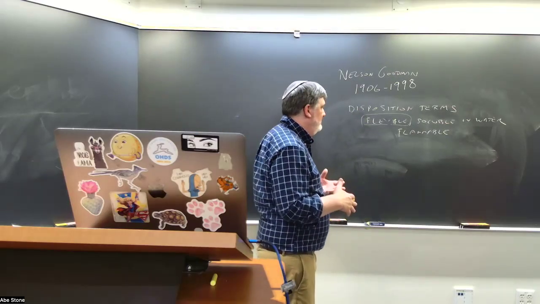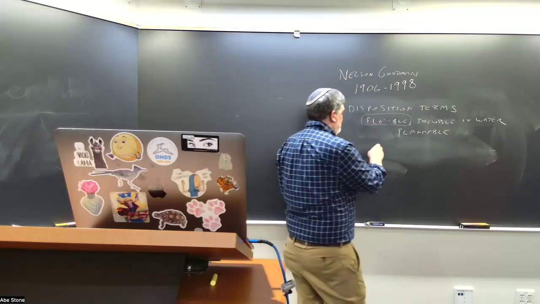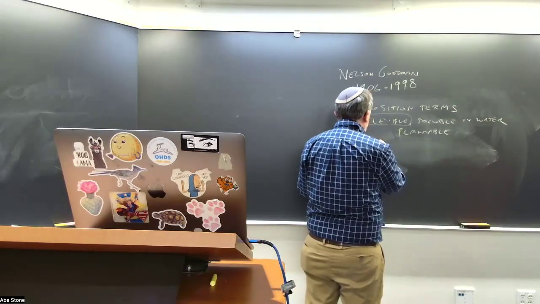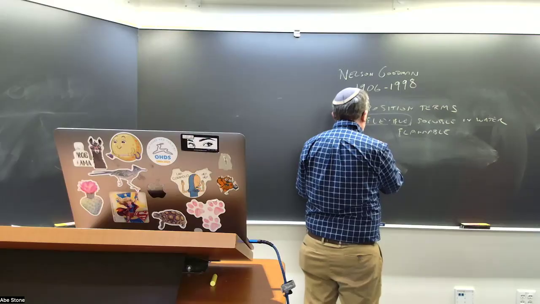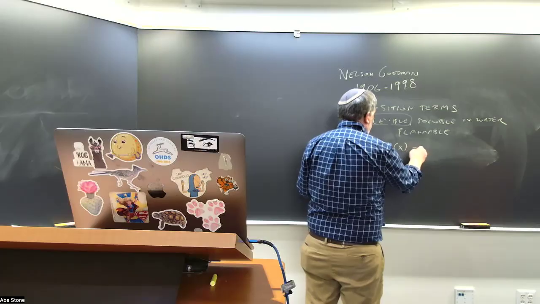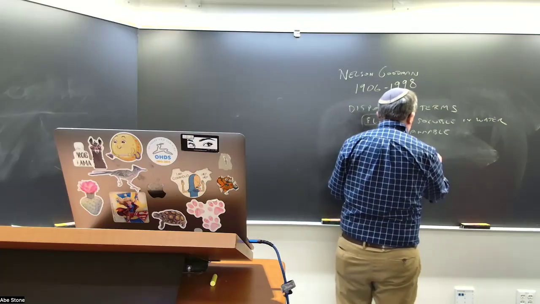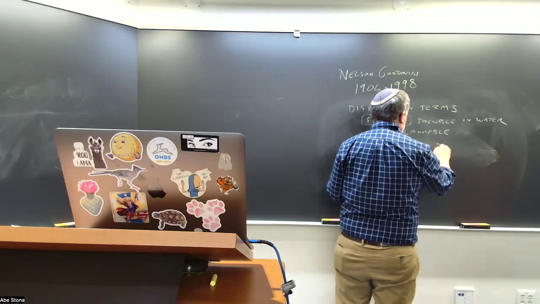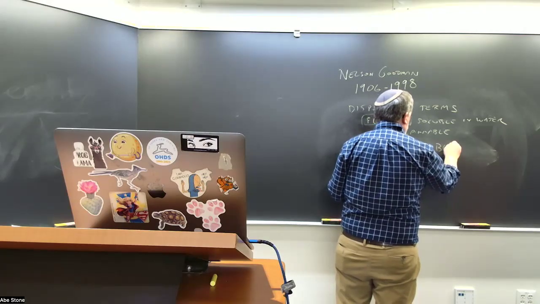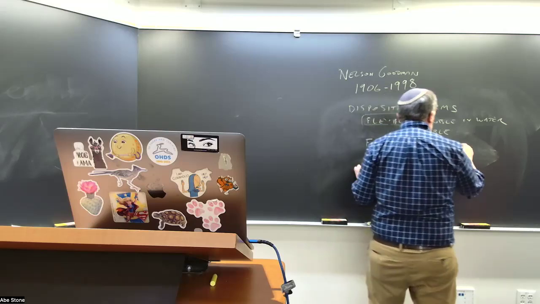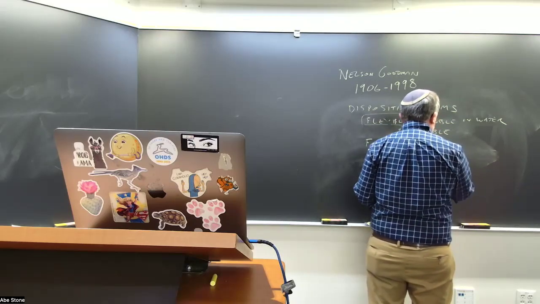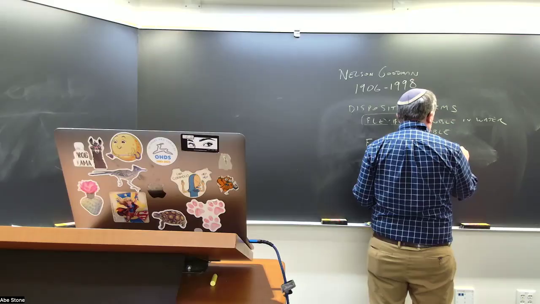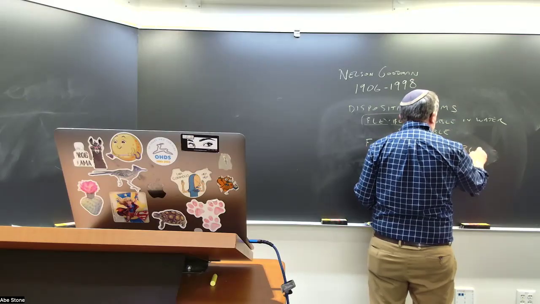So you might think you could define it some way like this: you say that X is flexible if X is under suitable pressure and X bends.